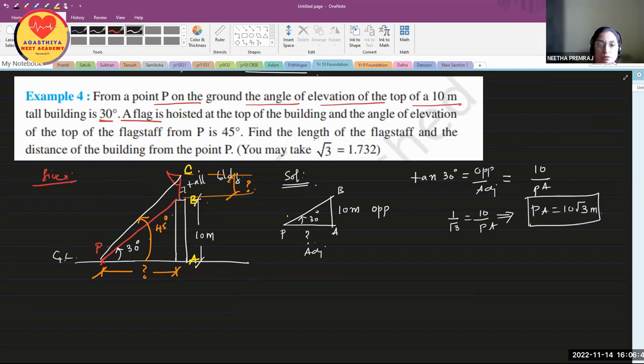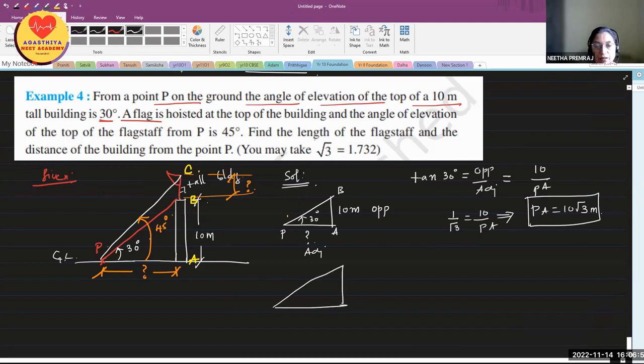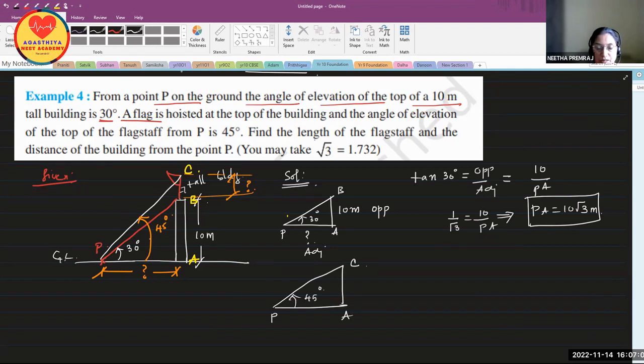Now we come to the next triangle, that is PAC. In this one, this angle is 45. This measure we calculated, 10 root 3. We want to find this. What is the idea again?